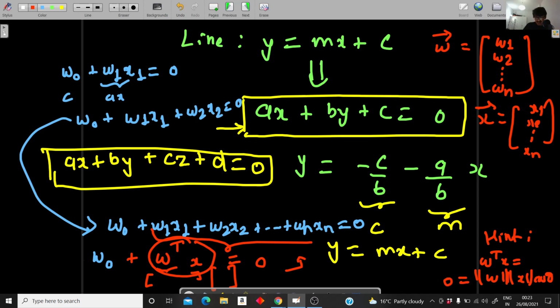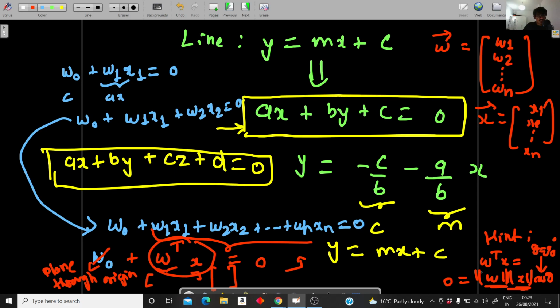Let's consider for simplicity that our C is 0. C is the intercept or W naught. That is, we are assuming that our hyperplane is passing through the origin, just for simplicity. So when our dot product is 0, because this is the length and this is also the length, it will be 0 only when theta is 90, because cosine is 0 when theta is 90.